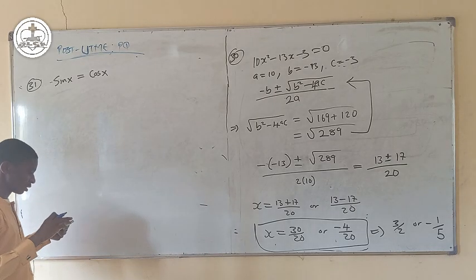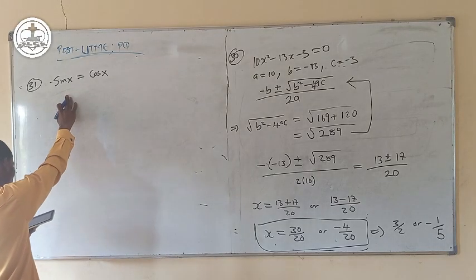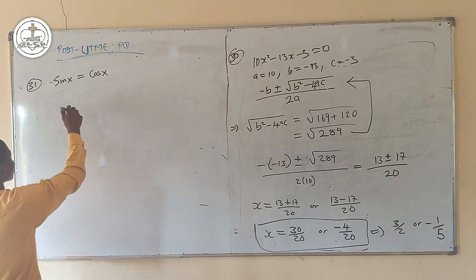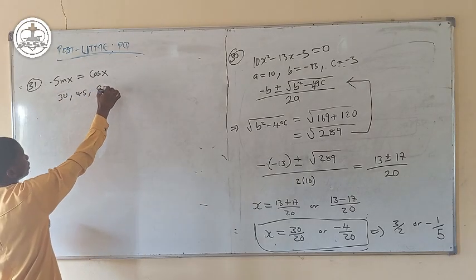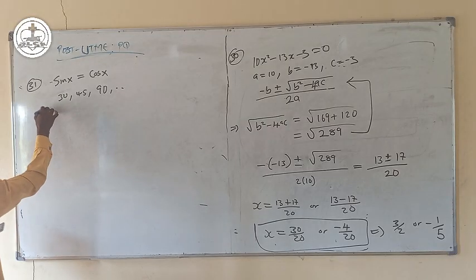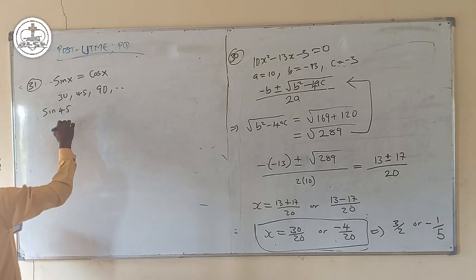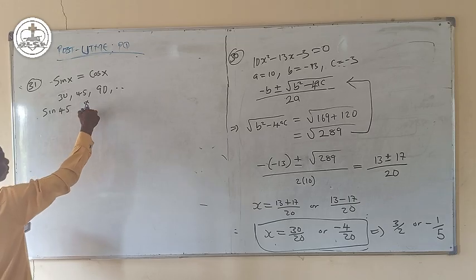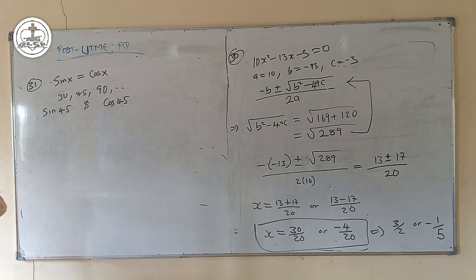What is the value of x in radians that makes sine x and cos x equal? If we know about the special angles, 30, 45, 90, thereabout, sine 45 should give us the same value as cos 45.